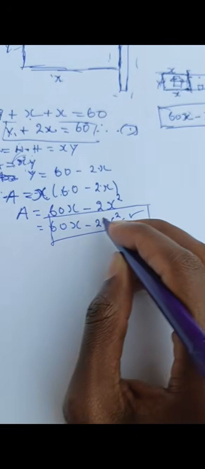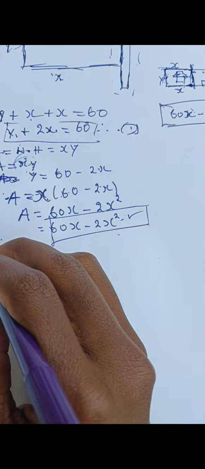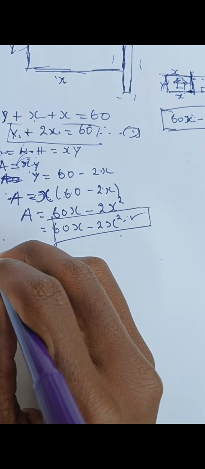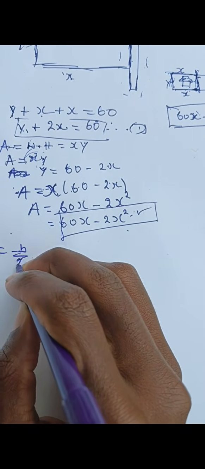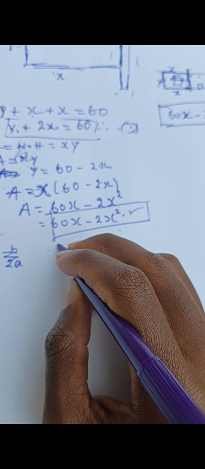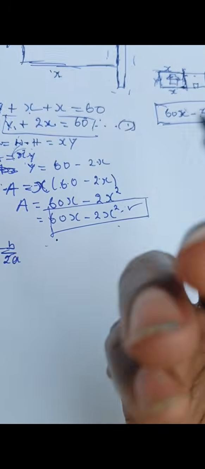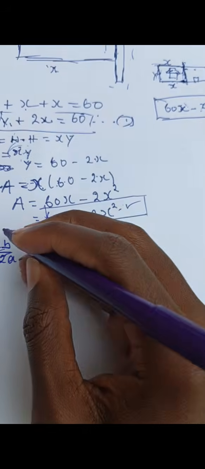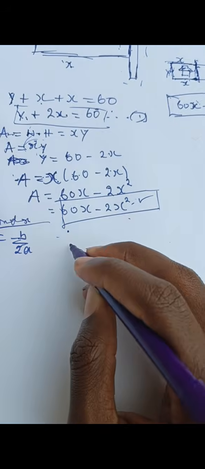We are looking for the maximum value of x because we have a quadratic function now. So the formula is x is equal to negative b over 2a, because we are only interested in the x coordinate, which is the maximum. So right now we are finding x.